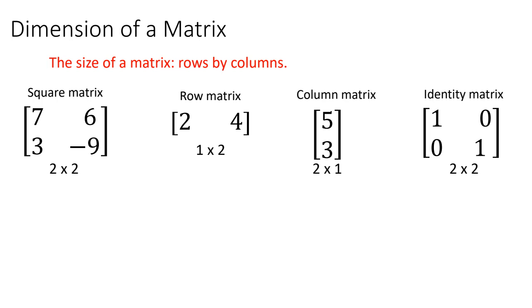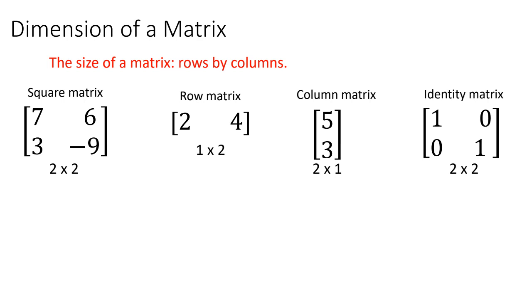So here it's a square matrix that is a 2 by 2, meaning it has 2 rows and 2 columns. This second example here, we have a 1 by 2.